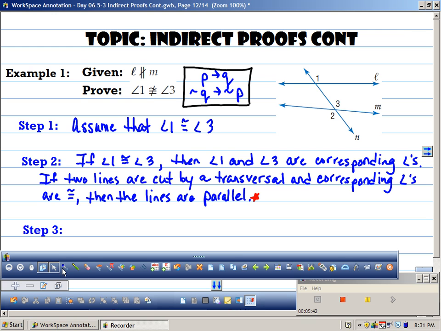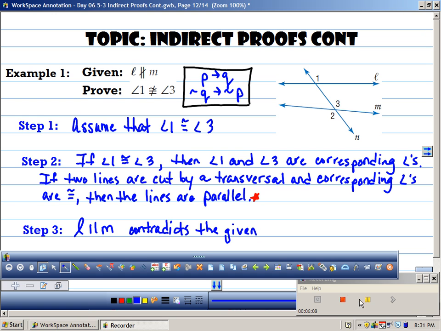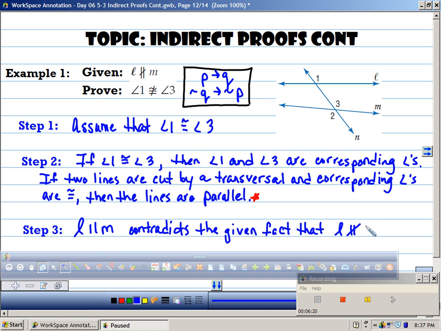So I'm going to say that L being parallel to M contradicts the given fact that L is not parallel to M.